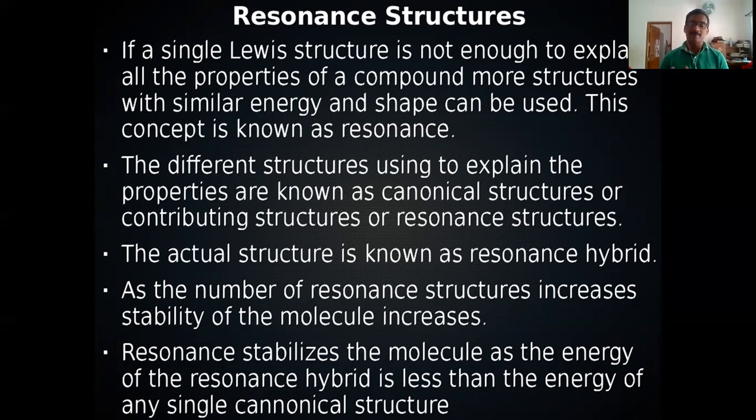Resonance stabilizes the molecule as the energy of the resonance hybrid is less than the energy of any single canonical structure. The energy of the resonance hybrid will always be less than any of the canonical structures. So resonance stabilizes a molecule.